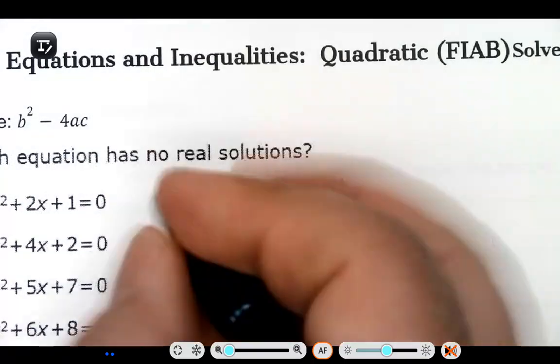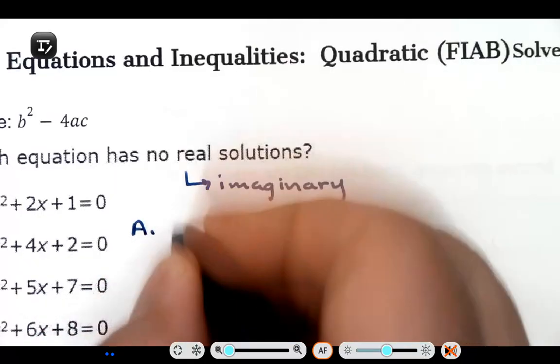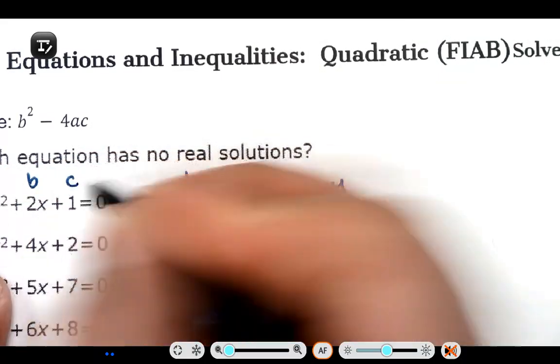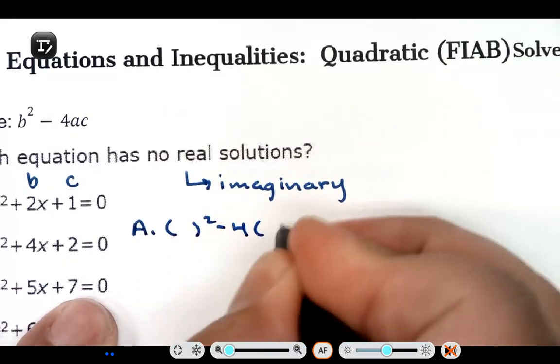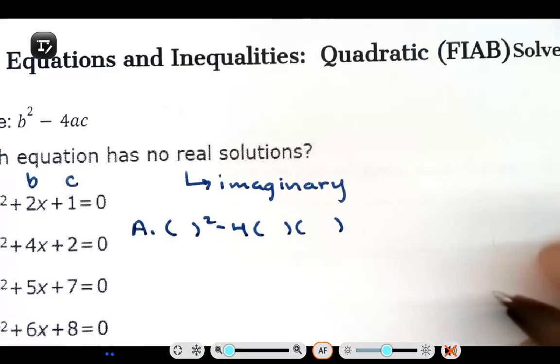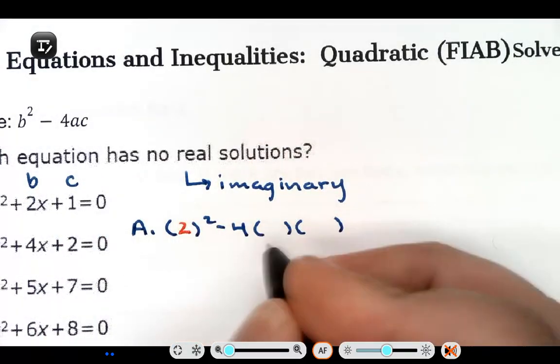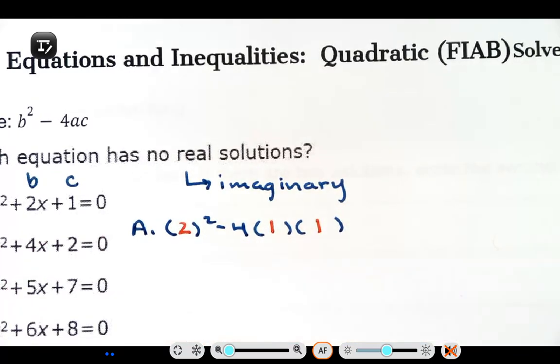So then here we go. We're going to set up the discriminant here. Let's start off with A to test that one out. There's my A value, B value, C value, as always. So B squared minus 4AC. Yes, we say the letters. We didn't write them in yet. My B value is a 2, my A value is a 1, and my C value is also a 1. Of course, we can let Desmos handle a lot of this work for us, or we just do it ourselves.